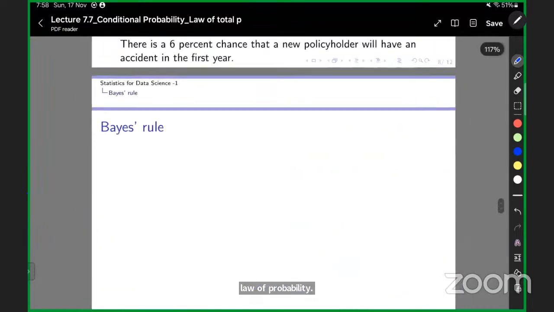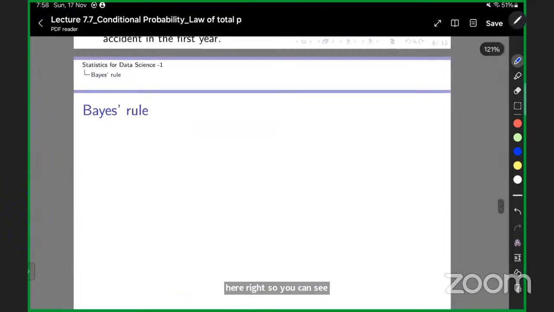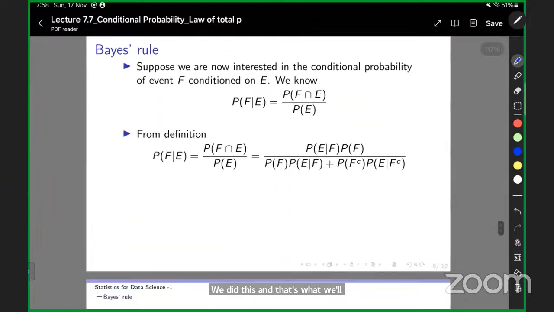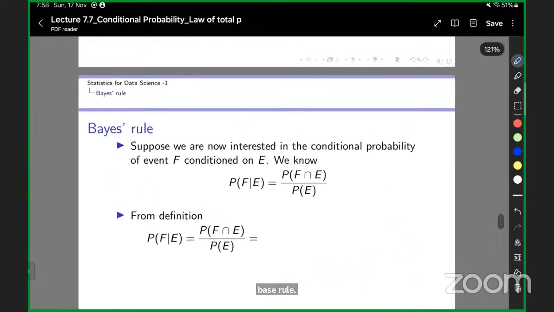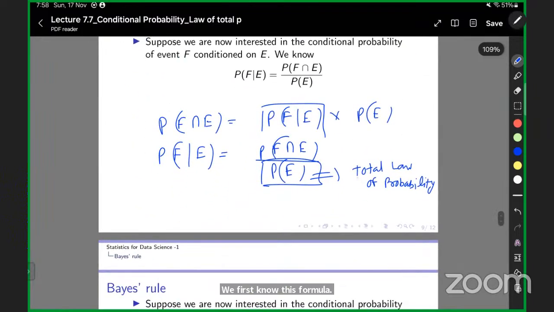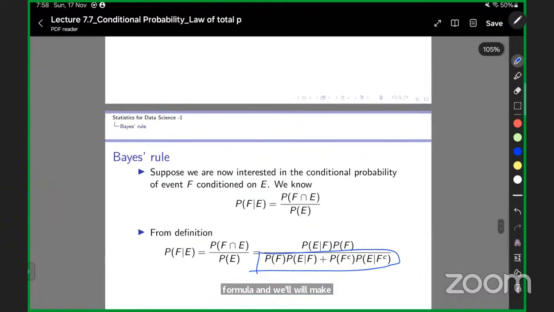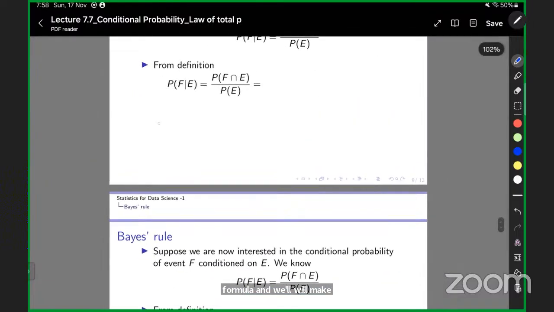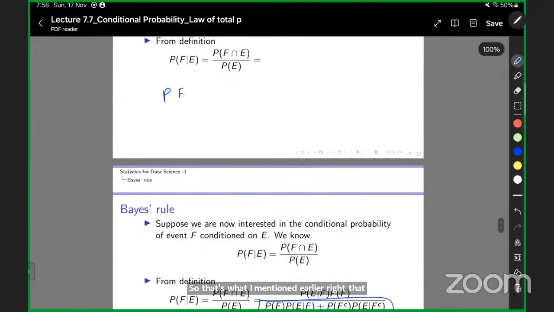You can see this is what we did here, right? So that's what we'll use now for our Bayes rule. Bayes rule is nothing different. We first know this formula, and then in the denominator we'll use the total law of probability formula, and we'll make a few changes in, let's say, F intersection E, which I mentioned earlier: P of E intersection F can be written two ways.